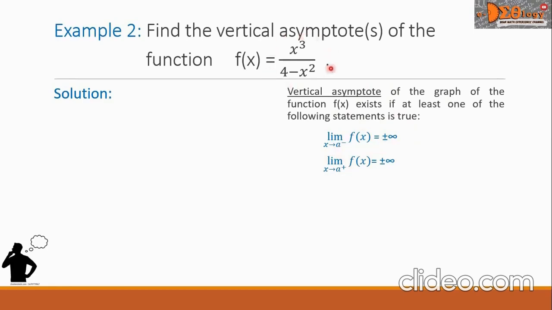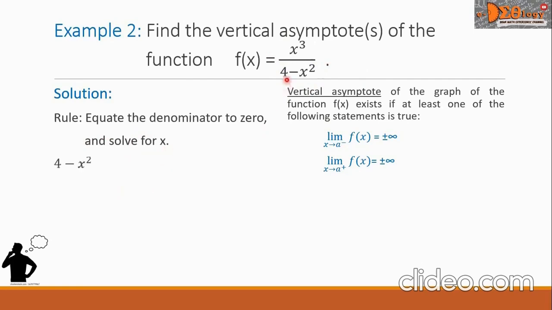Considering the function here, this will approach positive infinity or negative infinity if the denominator becomes 0. So what we're going to do, we're going to equate the denominator to 0 and we will solve for x.